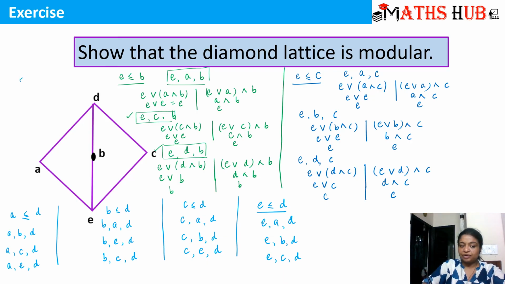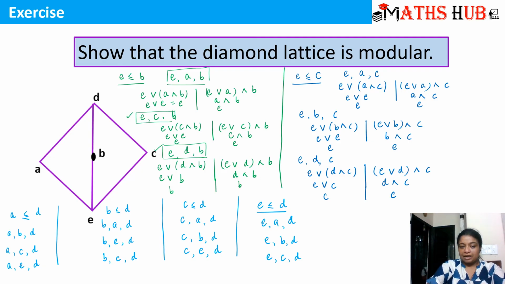So 7 into 3, 21 cases. So you have to check all these 21 cases, and then you will find that this lattice is modular. I'm just leaving it because it is just a repetition. So you can try for all these pairs of elements and check that it is modular.